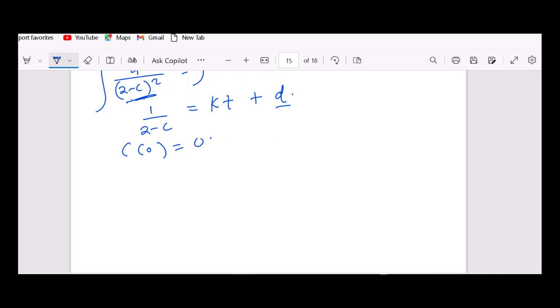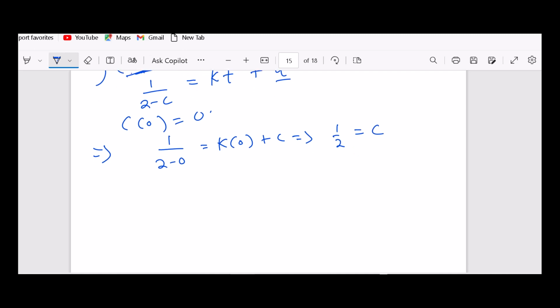So this will imply that 1 over 2 minus 0 equals K of 0 plus D, and this will imply that we have 1 over 2 equals D. Okay, so therefore we will have 1 over 2 minus C equals KT plus 1 over 2.